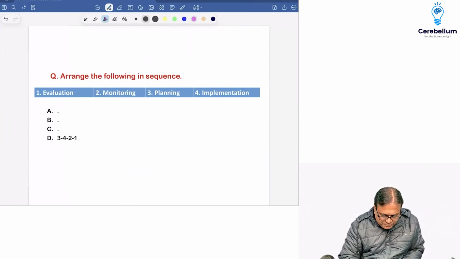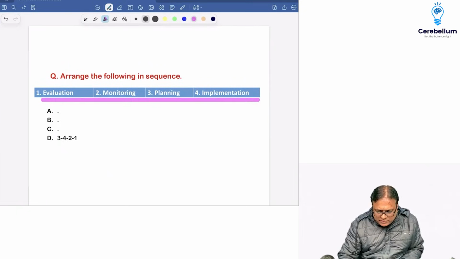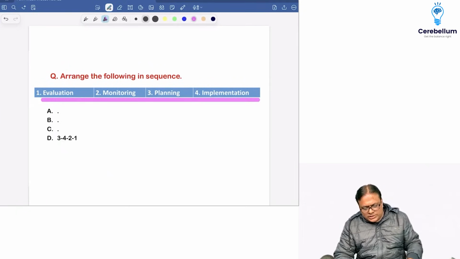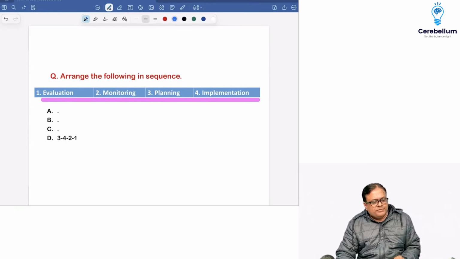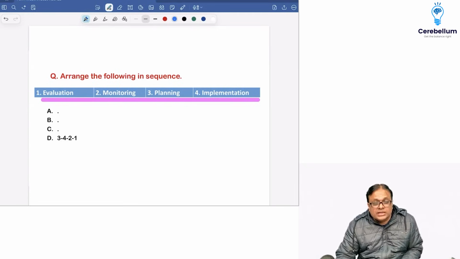Please, friends, confirm. Four things were given in the boxes: evaluation, monitoring, planning, implementation, and we were asked to arrange them in sequence.